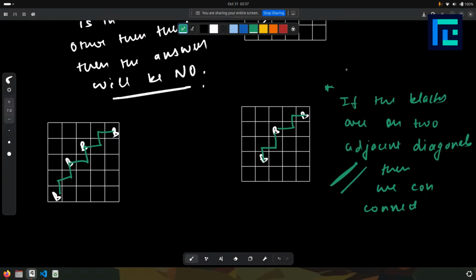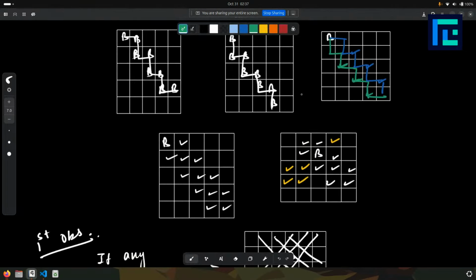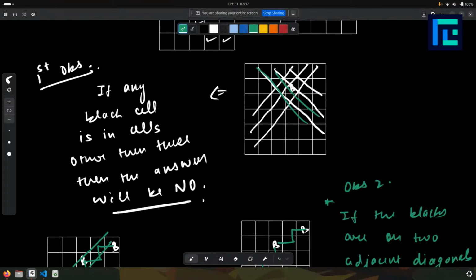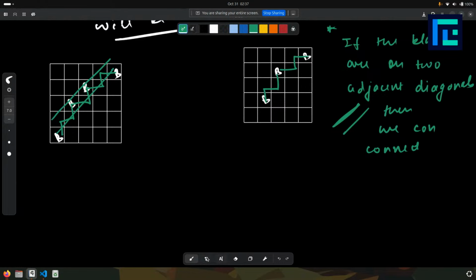So another property, observation 2. Now we have seen that we can connect diagonals like this. Can we connect diagonals like these? We also saw that these diagonals could also be connected. So let's see whether two of the diagonals can still be connected or not.